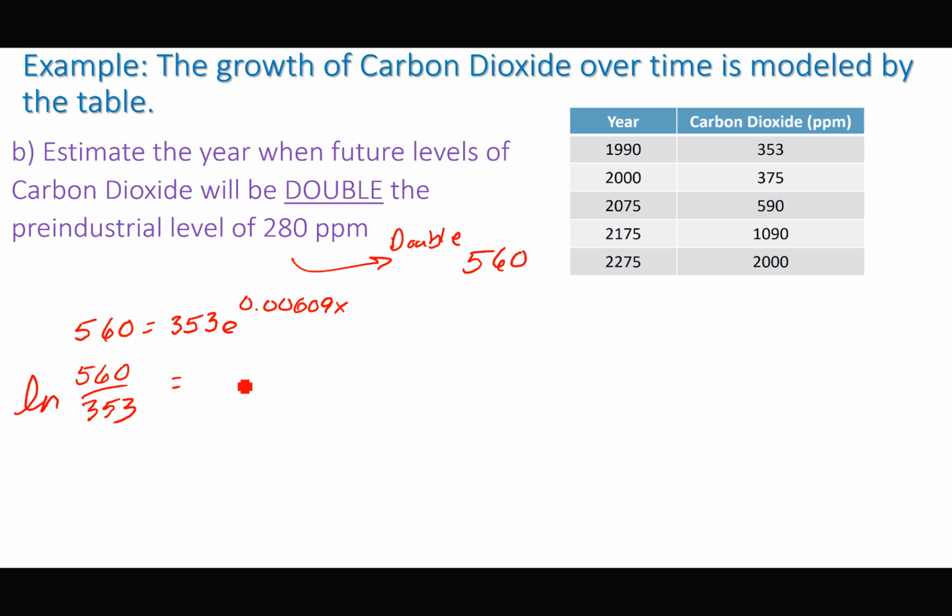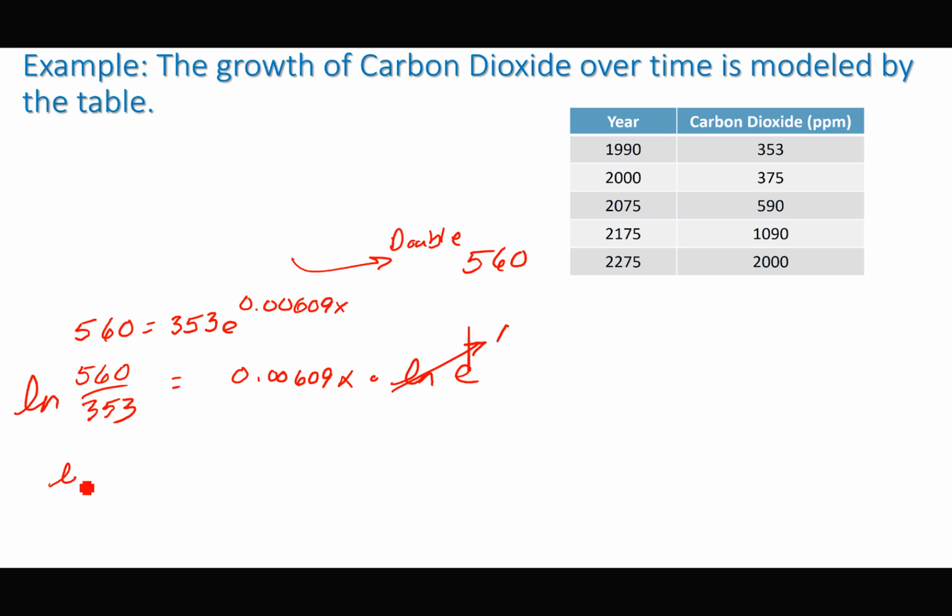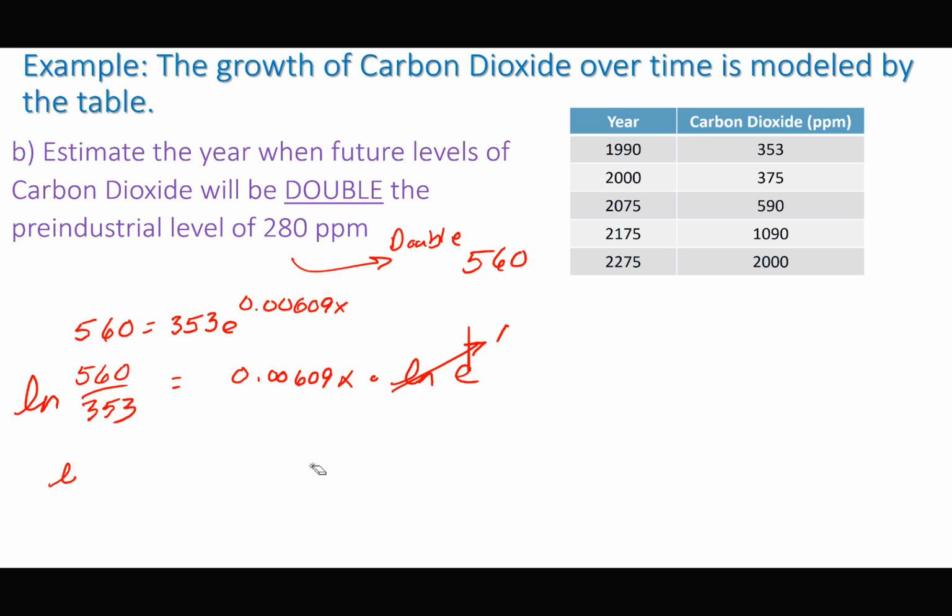I know I'm going to take the natural log, so this would be 0.00609x times the natural log of e. So that goes to 1. So it's the natural log of 560 divided by 353, natural log only in the numerator, divided by 0.00609. That will give me x, which in this case is 75.8.